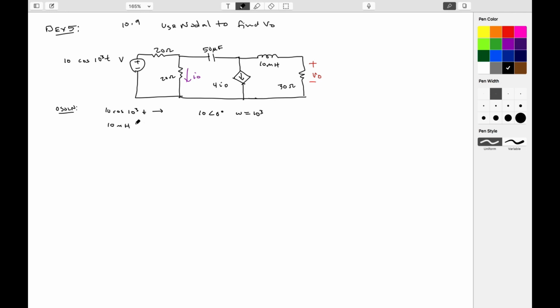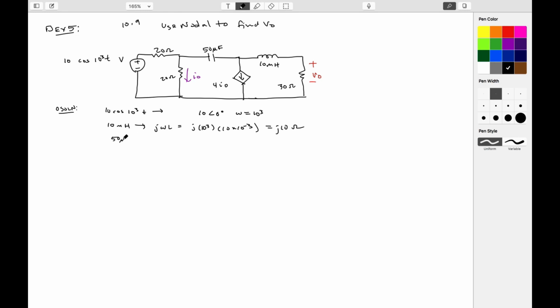10 millihenry transforms to j omega L, which is equal to j times 10 to the third times 10 times 10 to the minus 3, which is equal to j10 ohms.